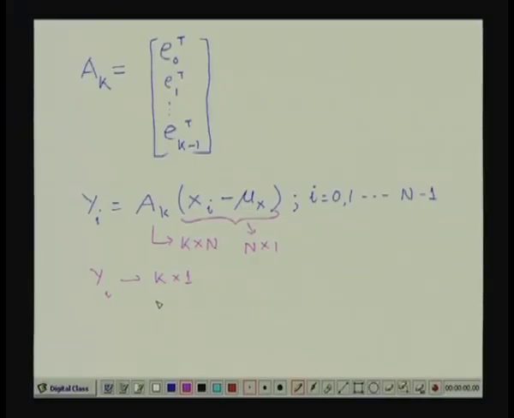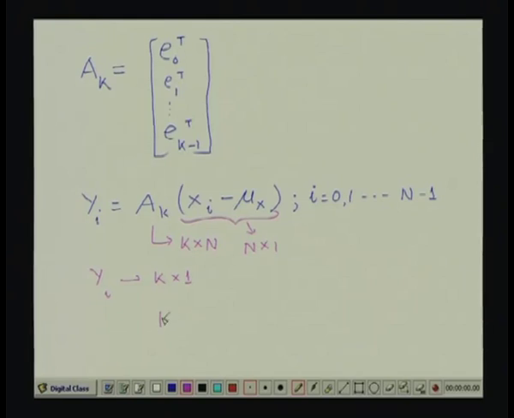So, if this transformation is carried out for all the column vectors of the matrix of the two dimensional image, I get n number of transformed vectors yi, where each transformed vector is of dimension k.